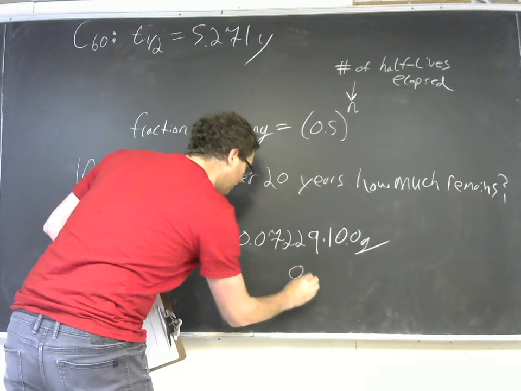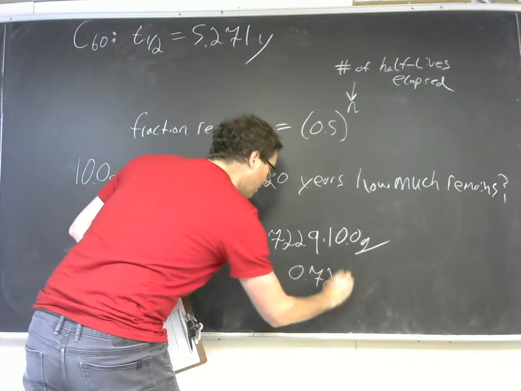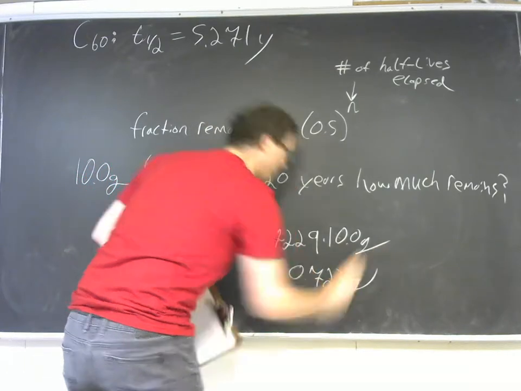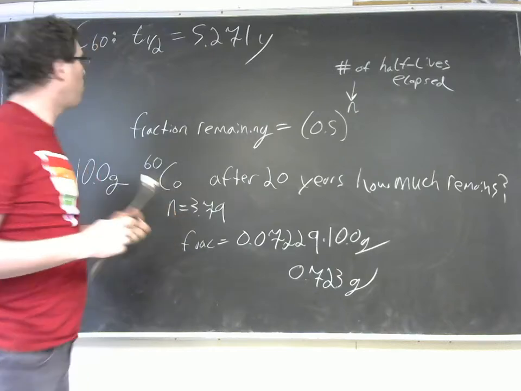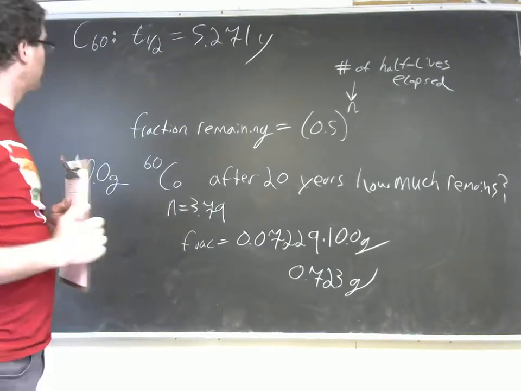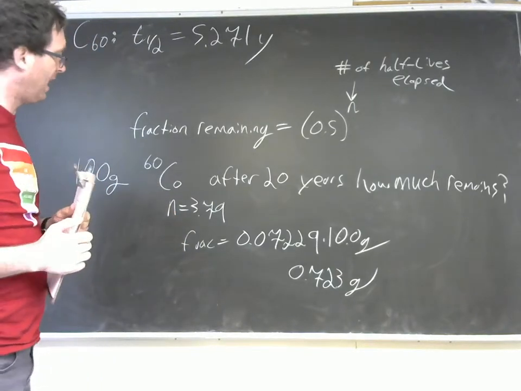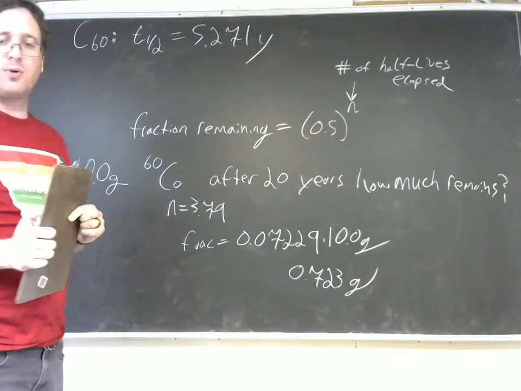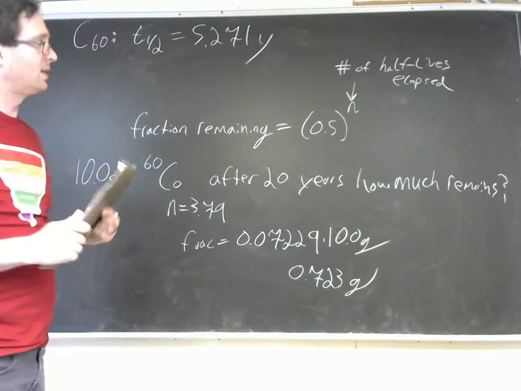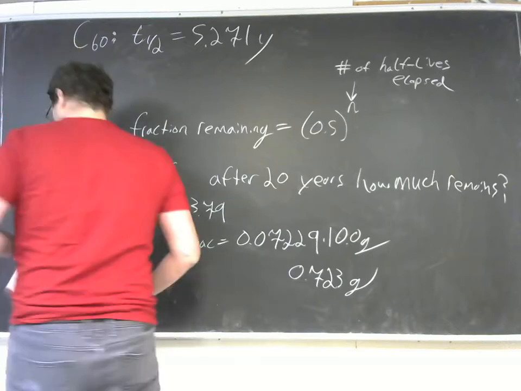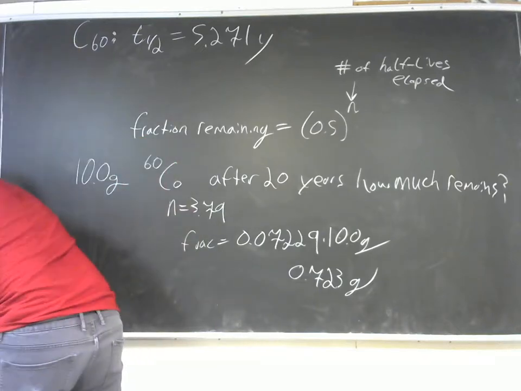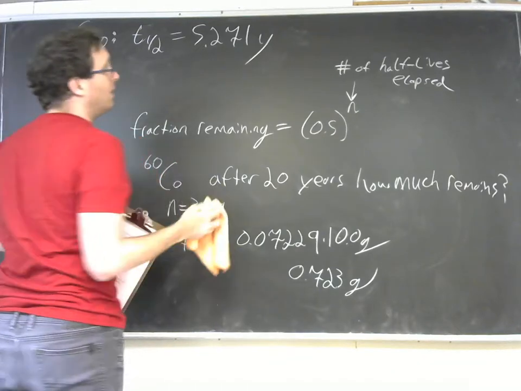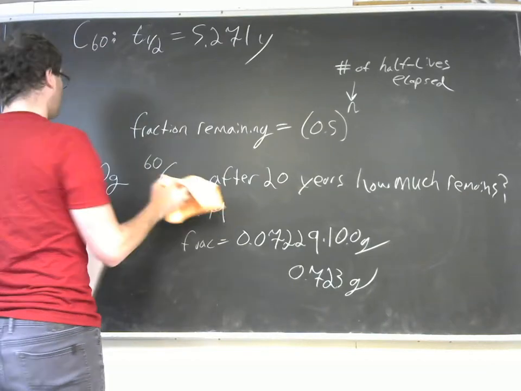And that's going to be 0.723 grams remain. After 20 years, your 10 grams of cobalt-60 will have decayed until there is only 0.7 grams left.